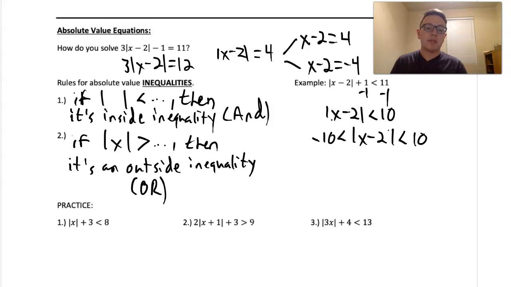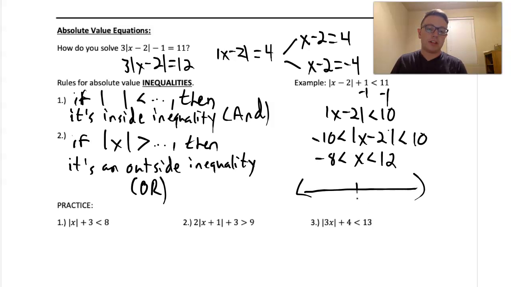We're looking for something with a distance less than 10 away. So we want this to be close to 0. We don't want it to be outside going away from 0. From here, we're just going to continue to solve. So how would we get x by itself? We're going to add 2. Adding 2 to both sides gives us negative 8 is less than x, which is less than 12.